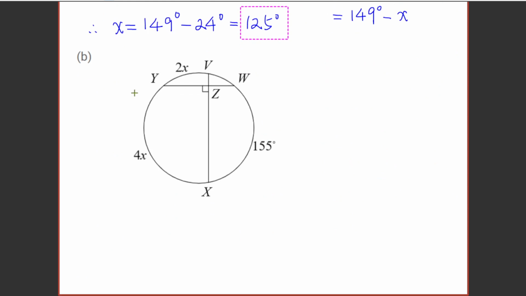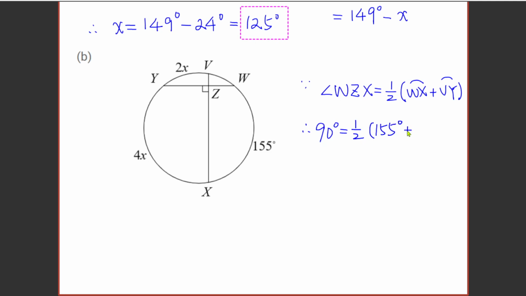Alright, then if no questions, let's consider question B here. So in this diagram, since we have angle WZX equals half of the sum of the two arcs WX and VY, right? Then we have 90 degrees equals half of 155 degrees plus 2x.